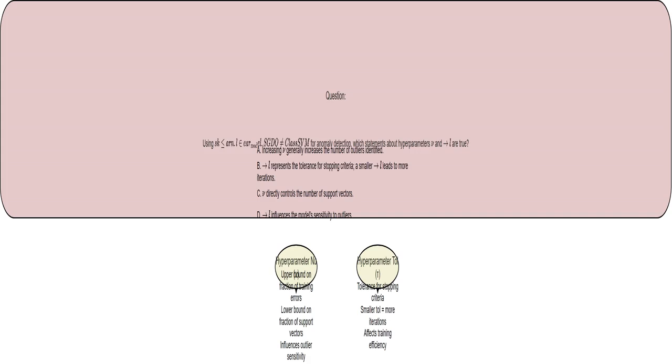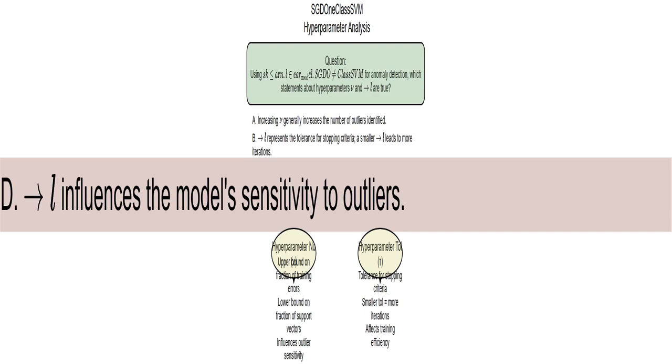This question's focus is how NU and TOL impact the performance of SGDOneClassSVM, a support vector machine variant for one-class classification, detecting anomalies. I want you to remember that TOL only influences the training process of the algorithm, not its sensitivity to outliers. That's the job of NU.